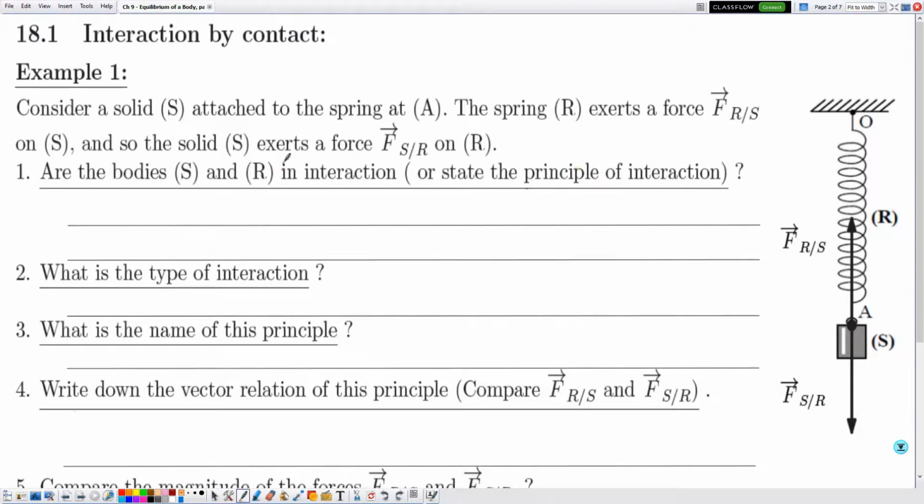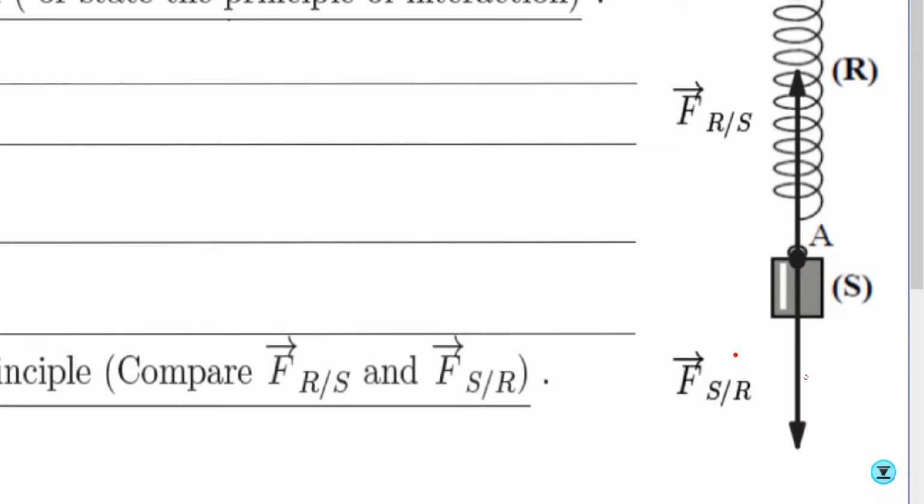The spring R exerts a force Fr on S, so we must have another force given by Fs on R, with the same point of application, which is the point of contact A. Both forces have the same line of action, opposite direction and same magnitude.